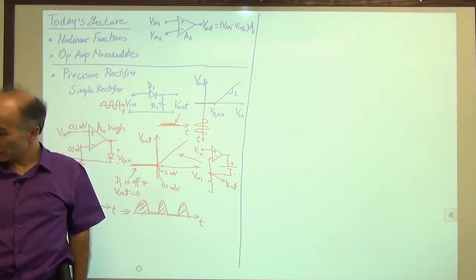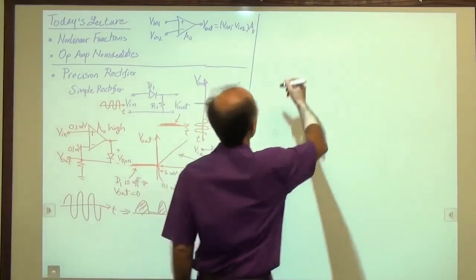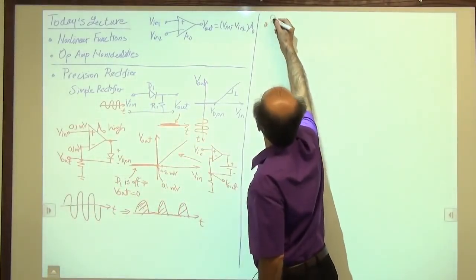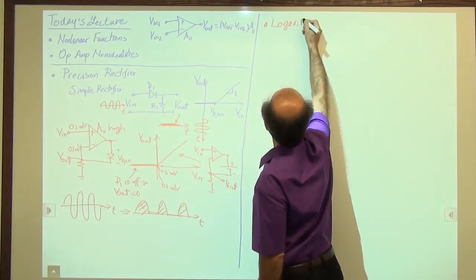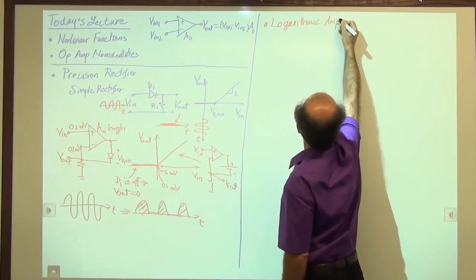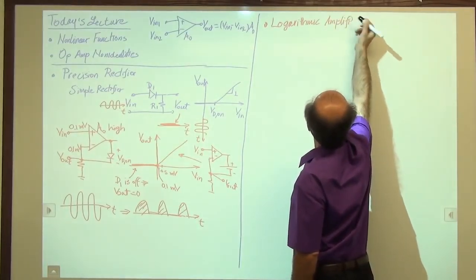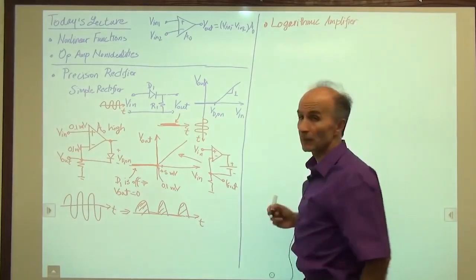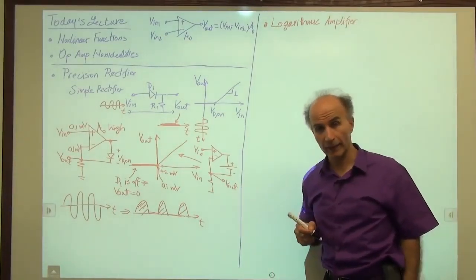All right, let me check here. And now let's go to another interesting circuit, which we call the logarithmic amplifier. A logarithmic amplifier. Now, what is logarithmic about it anyway?